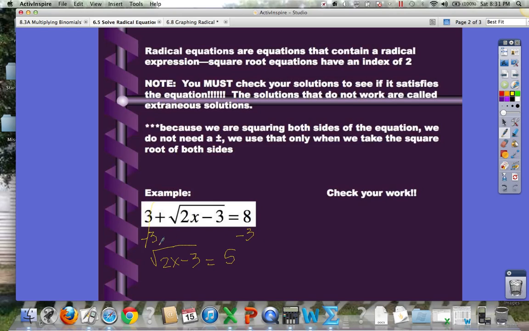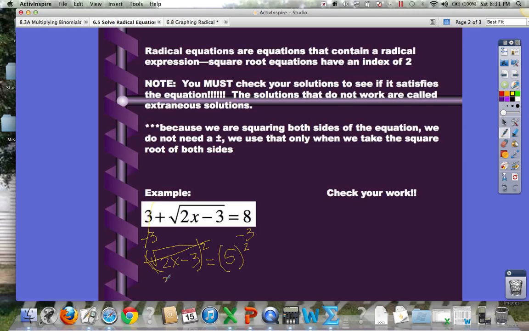All right, now in order to get rid of the square root, we must square both sides. And we did this when we were doing complex numbers, so this should not be anything new to you. So I'm going to square this side, and if I do it to one side, I must do it to the other. So in order to get rid of this, what happens is this little understood 2 in the index and this 2 cancel each other out, which means they cancel out this whole sign.